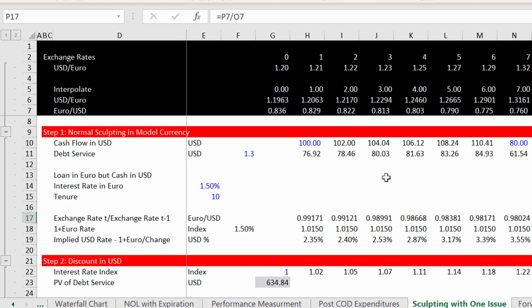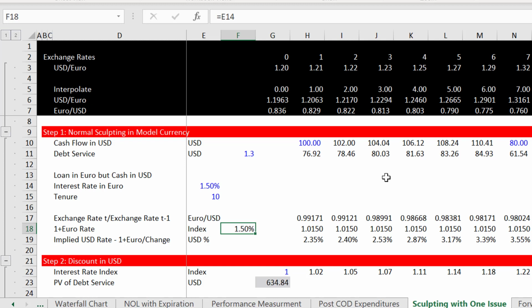And so each period the USD is devaluing a little more. Okay, that's what's happening, right? You have to pay more USD to get a euro. Okay, and then you put in the 1 plus the euro rate.